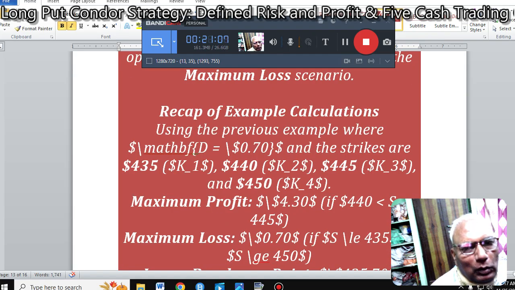Recap example calculation using the previous example where the debit is $0.70 and the strikes are $435, $440, $445 and $450. That is four legs.